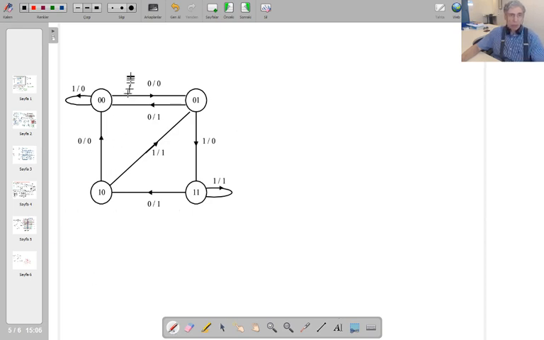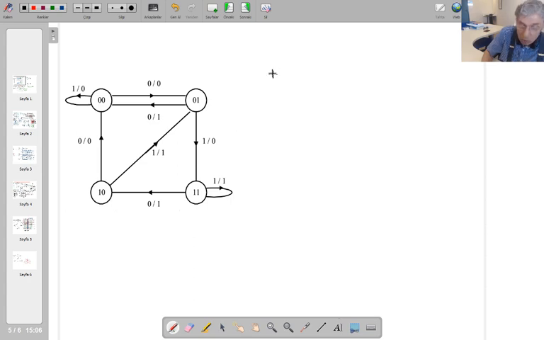So this is a state diagram of a Mealy machine. Now to analyze this Mealy machine including the time is called time diagram.